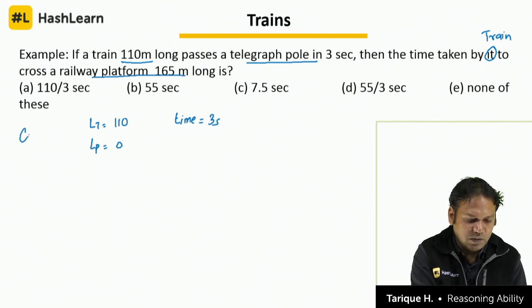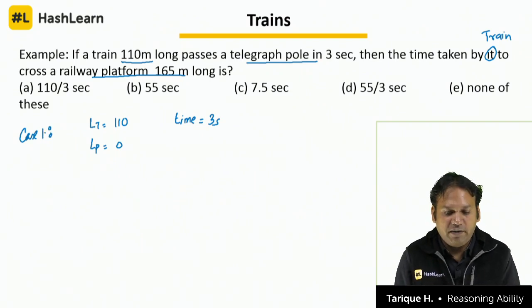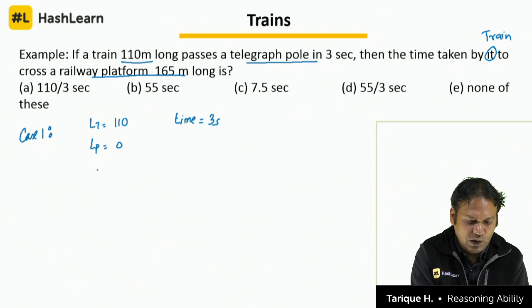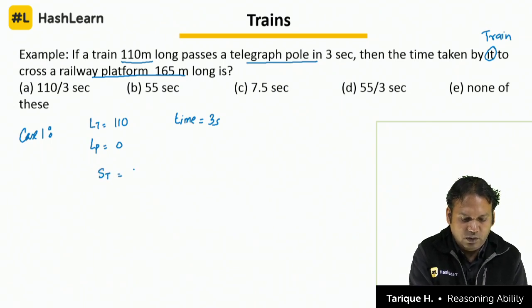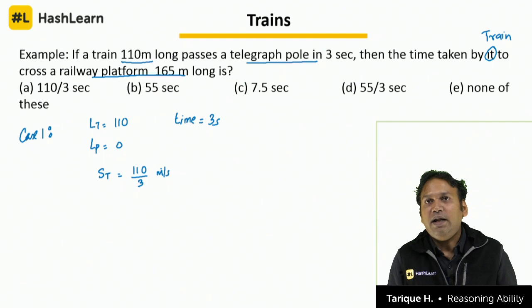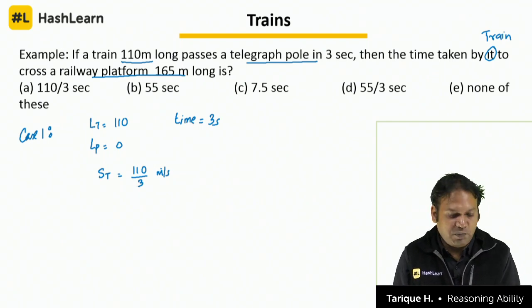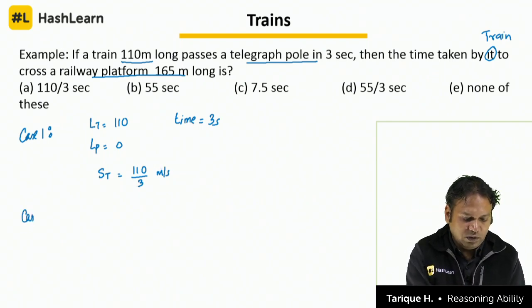So first we will take case 1, where we are given the length of the train and pole and the time taken to cross the pole. Using this we will say speed of train is equal to 110 by 3 meters per second. What is the speed of the train? Length of train by time taken to cross the pole. Now we will go to the second scenario.